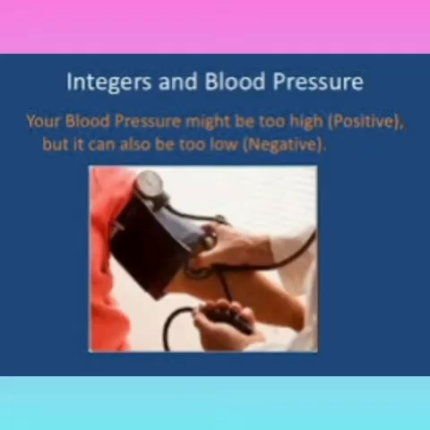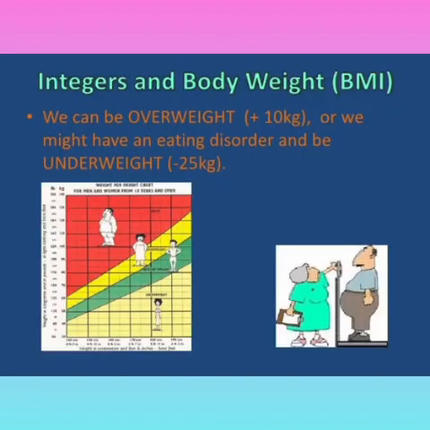Next real life example of integers is blood pressure. Your blood pressure might be too high, which is considered positive, but it can also be too low, which is considered a negative integer. Next real life example is body weight. We can be overweight, which is considered positive, and we might have an eating disorder and be underweight, which is considered a negative integer.